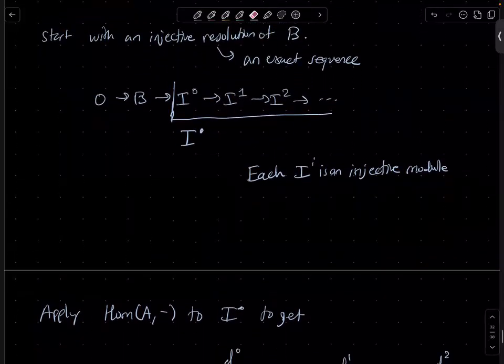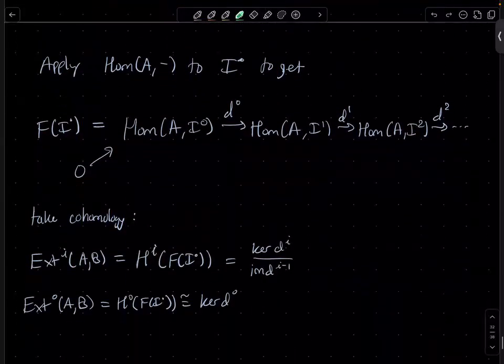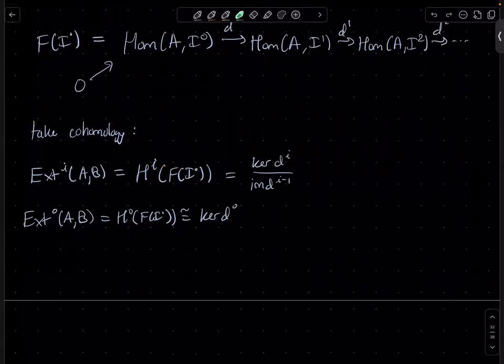Because the covariant Hom functor here is left exact, if I just look at these 4 or 5 terms, just this first part, and I apply the functor to that, then I'll get 0, Hom A B, Hom A I0, and so on.